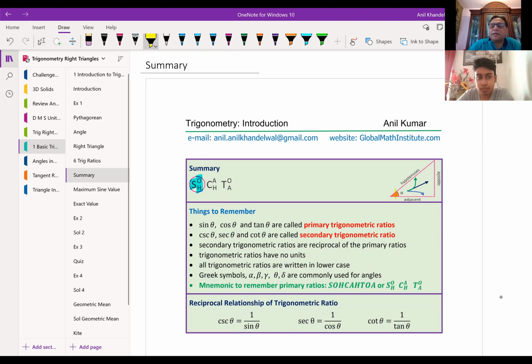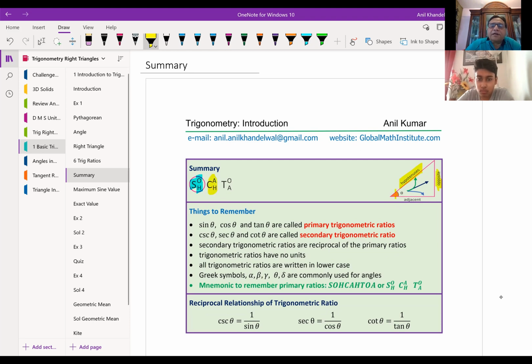So if this is angle theta, that is the side which is opposite, and the ratio of that side to the hypotenuse is sine theta. Is this clear to you? Yes, sir. Whenever in a question you are given the opposite side or hypotenuse and you have to find something else with the angle, then you know you have to use sine theta.